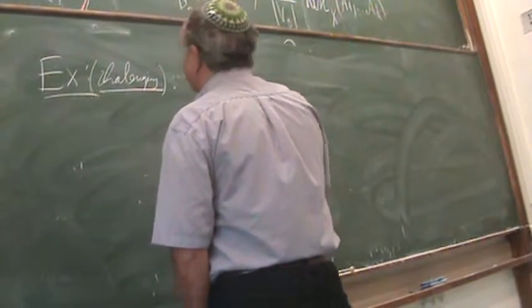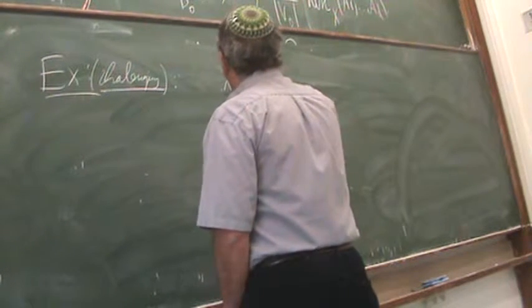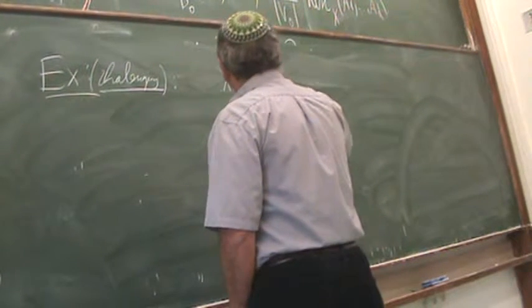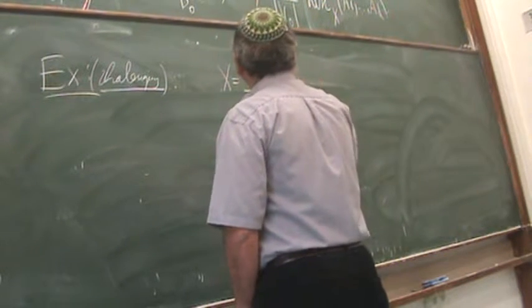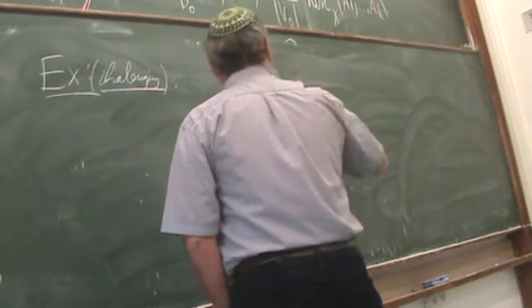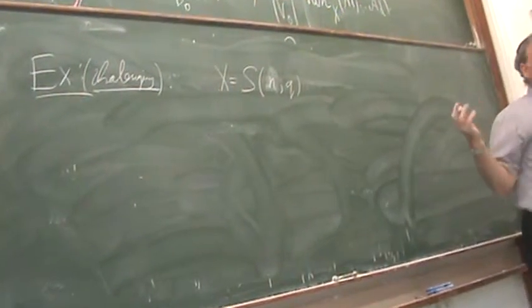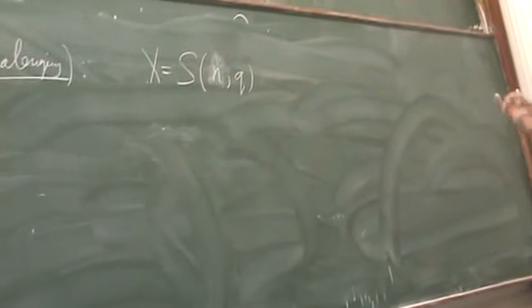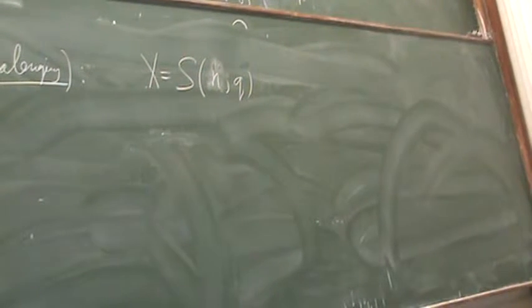But I think it will have some application. Take X to be the spherical building S, dimension n, over F_q. You can talk about the general case, but why don't we start with small numbers. I think it starts to be interesting maybe with n equal 4, 5, something like that.